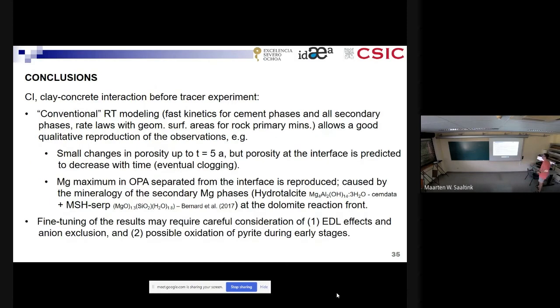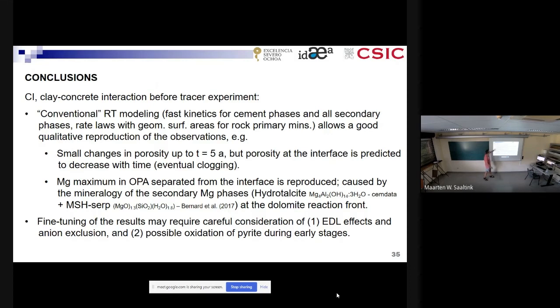And for the reactive transport part, the CI experiment, clay-cement interaction, we put in conventional reactive transport modeling, with local equilibrium for cement phases and secondary phases, and kinetics of primary minerals in the rock.